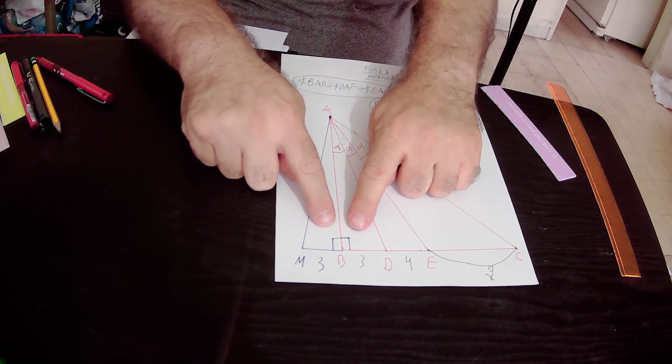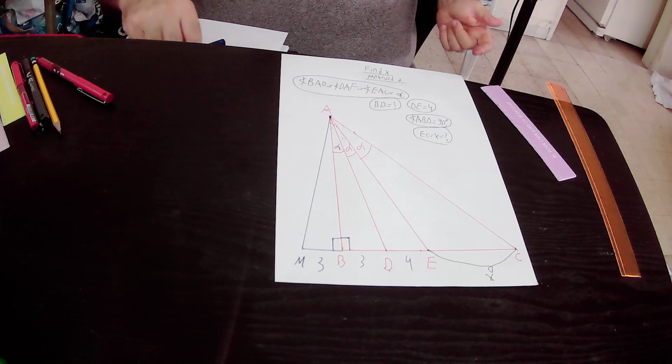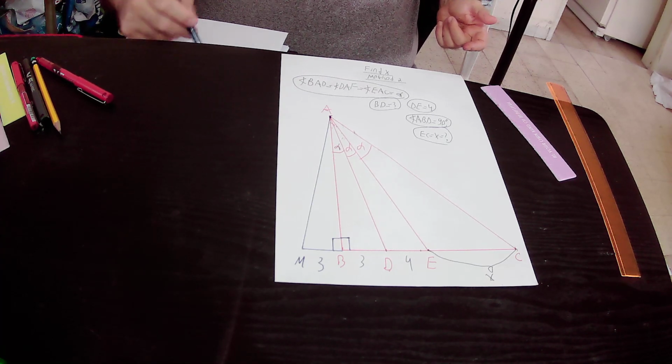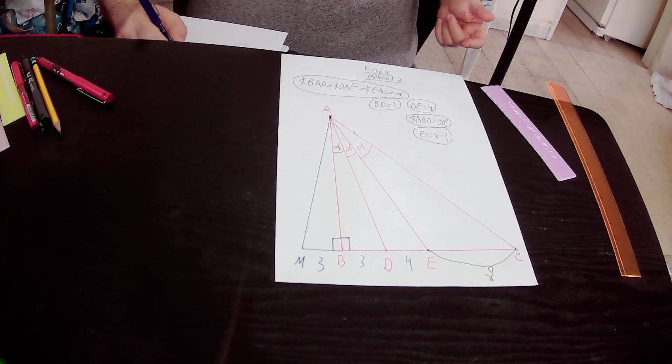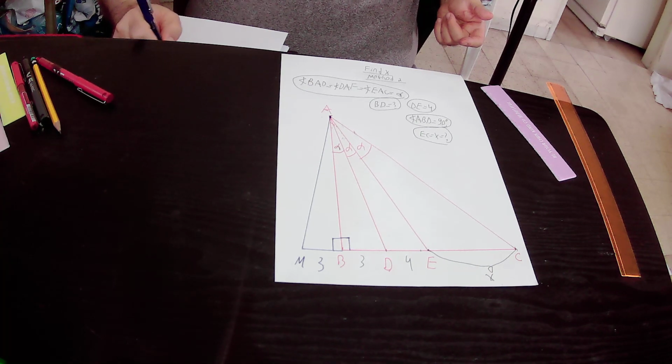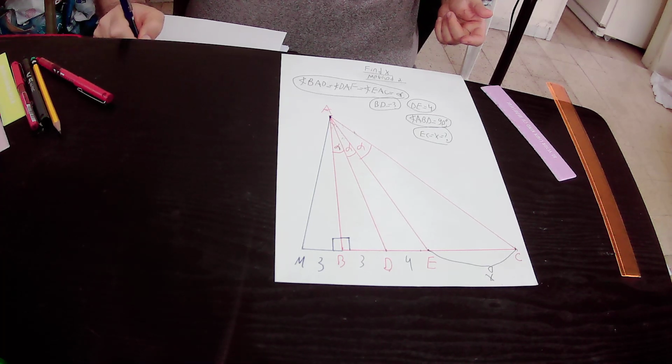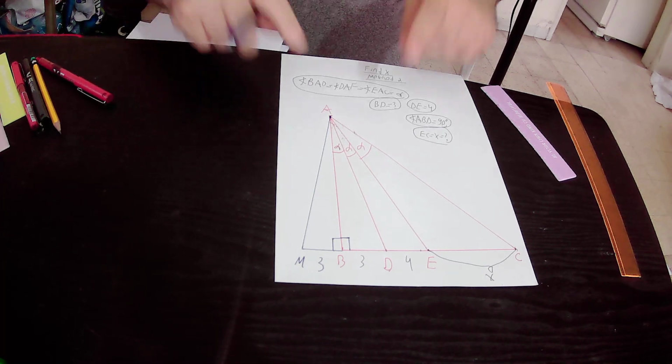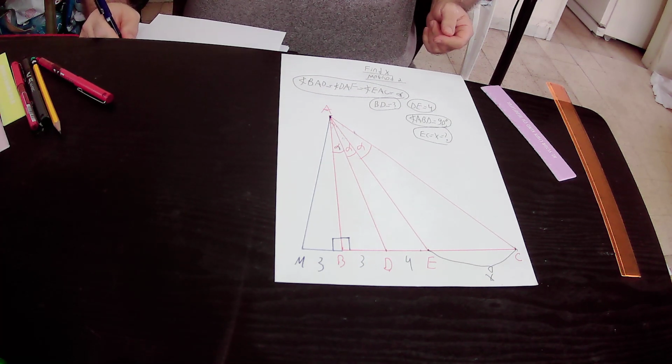They are both right angles. So angle ABD equals angle ABM, and both those two angles are equal to 90 degrees.